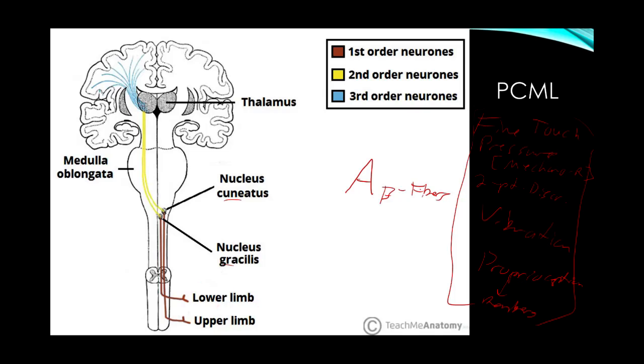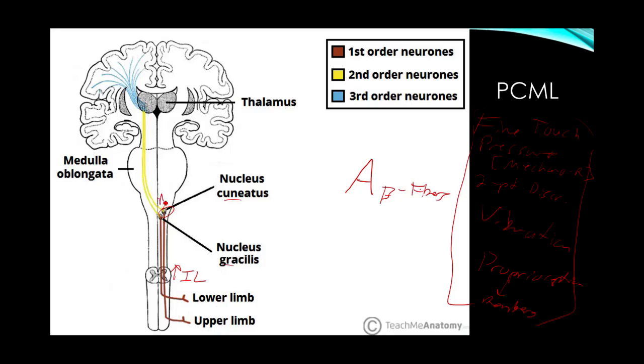So we have these first order neurons. Something important is they ascend ipsilaterally in the spinal cord. So they go all the way up in those fasciculi we talked about, and then they synapse in their respective nuclei. And the names are the same, nucleus gracilis here, nucleus cuneatus here.